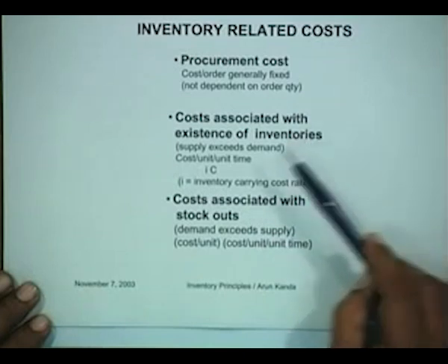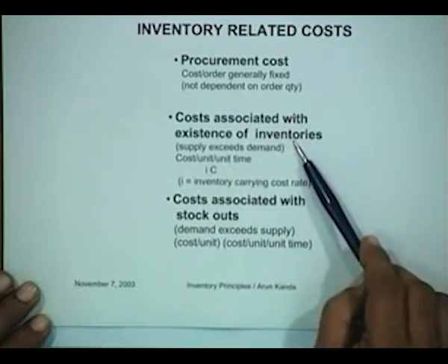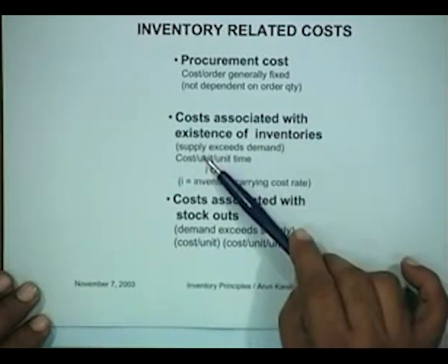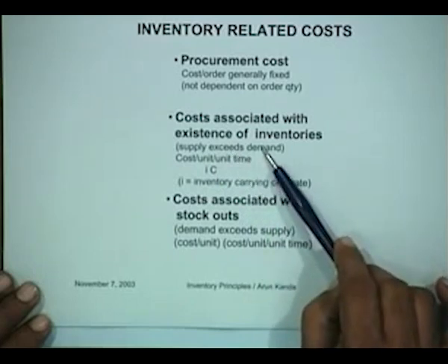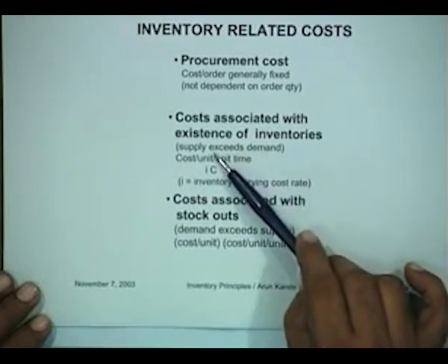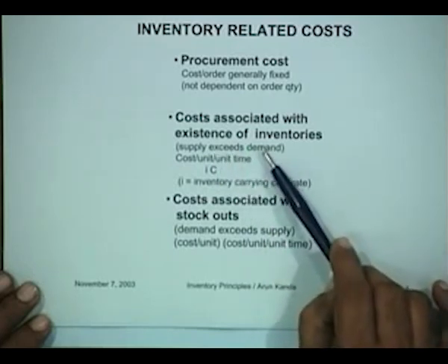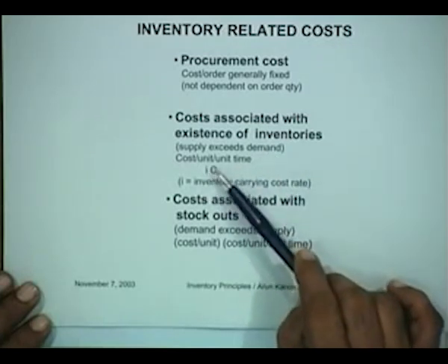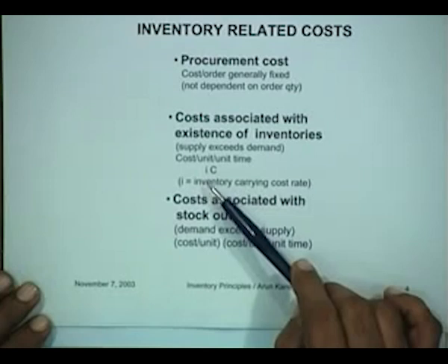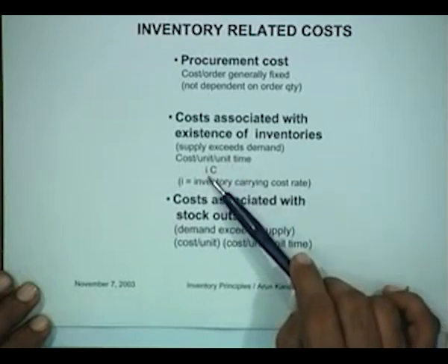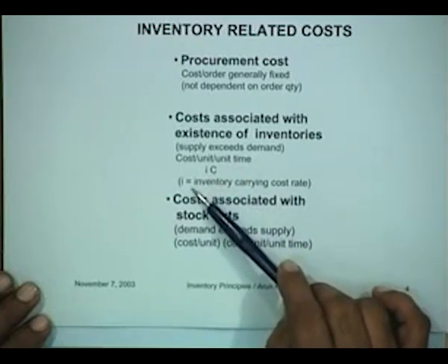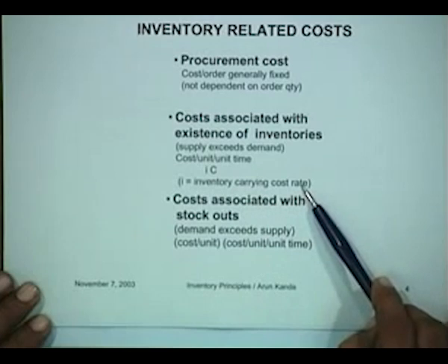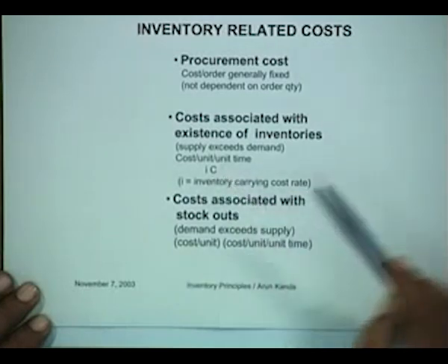So normally costs associated with existence of inventories generally occur when the supply tends to exceed the demand. So when the supply exceeds the demand, then typically we have items in stock, and the cost per unit time is generally written as I into C, where I is the inventory carrying cost rate, and C is the unit cost of the item.